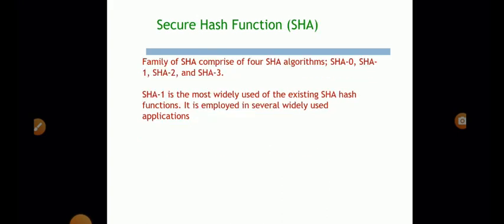Next is the Secure Hash Algorithm, SHA. The SHA family consists of SHA-0, SHA-1, SHA-2 and SHA-3. SHA-1 is the most used SHA algorithm, a very famous one, and it is employed in several widely used applications.